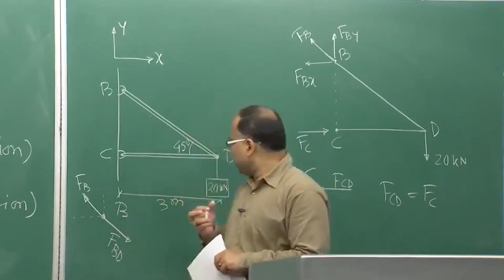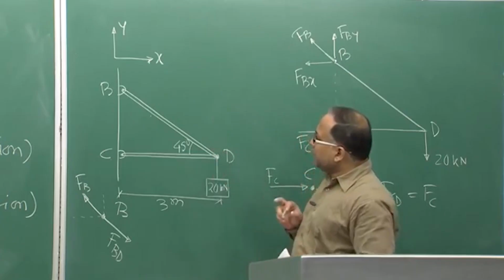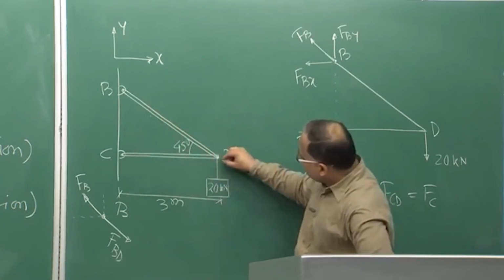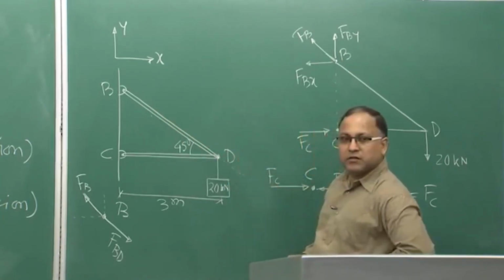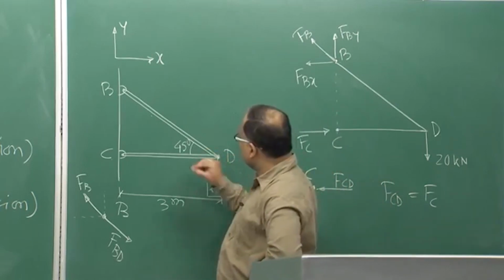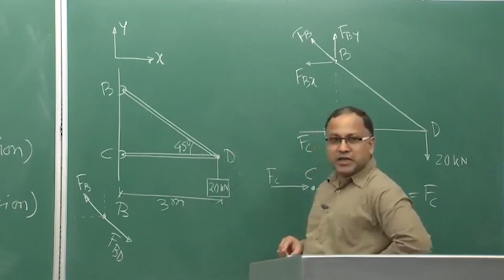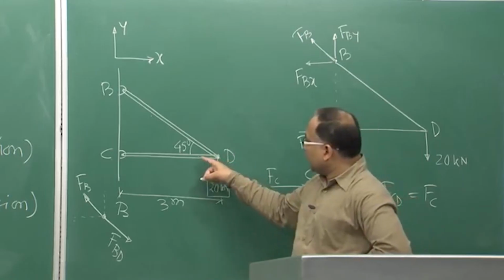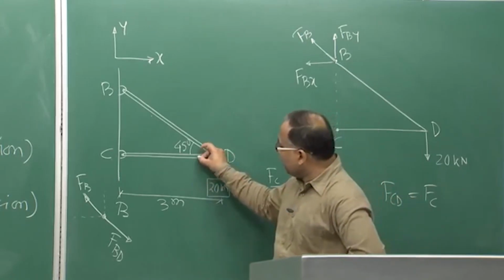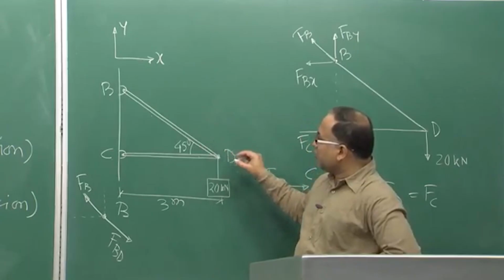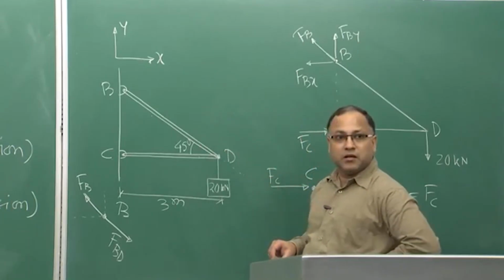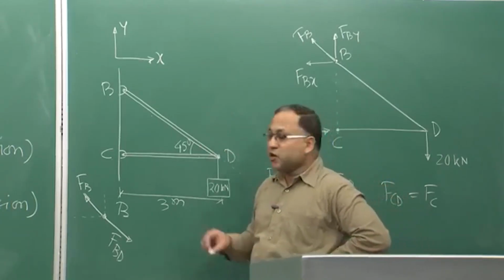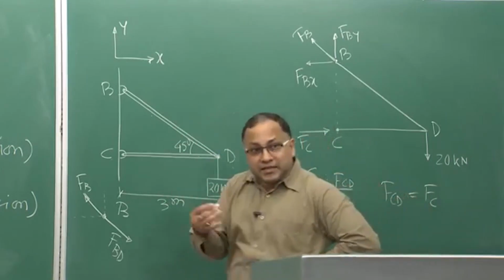Suppose I consider the elongation of BD like that and CD compressed like that, then where is the point D? After compression of CD, point D will be coming here, and after elongation of BD, point D will be coming here. That is not acceptable, because they are acting in an assembly.